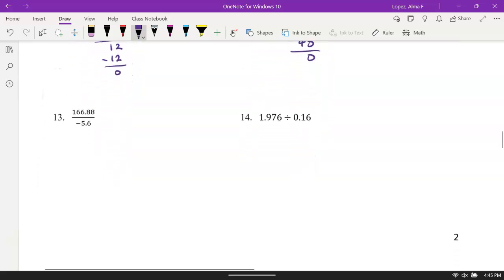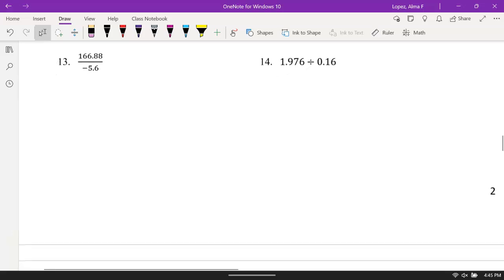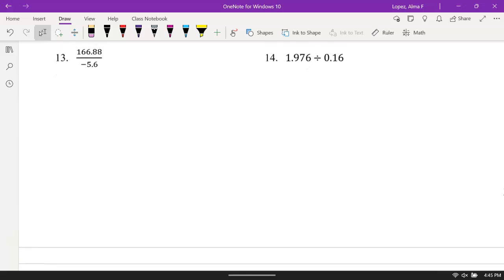Let's continue. Now we get to see what they meant by moving the decimal to the end of the divisor. Now, I'm going to go ahead and write down the fact that I'm going to get a negative answer, because a positive divided by a negative is going to give me a negative. So if I start off with 5.6 divided into that divisor, I want to go ahead and move the decimal on the divisor over to the end.